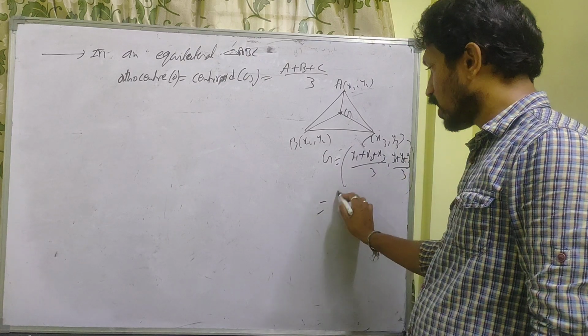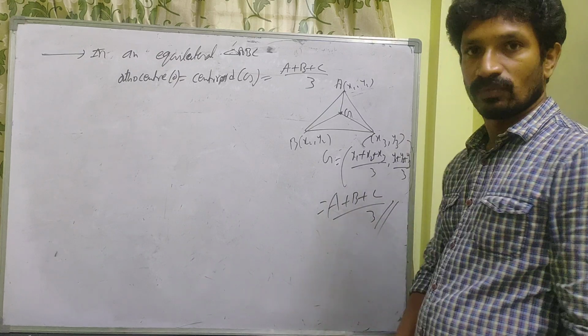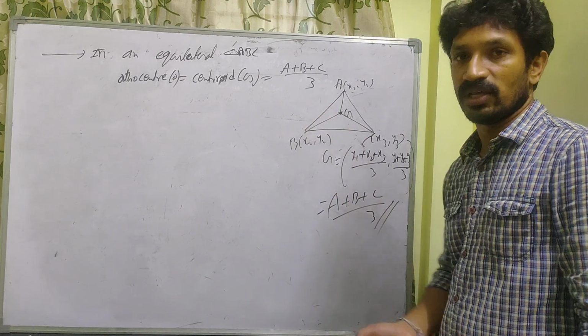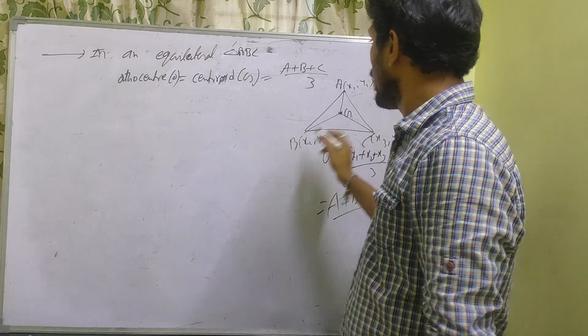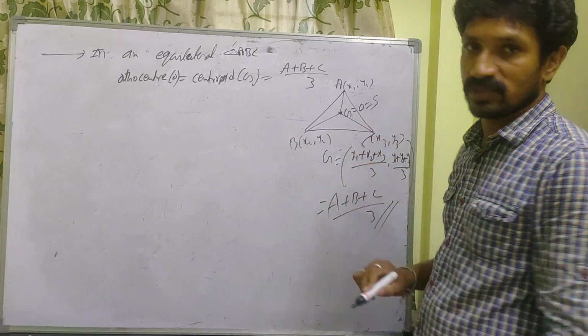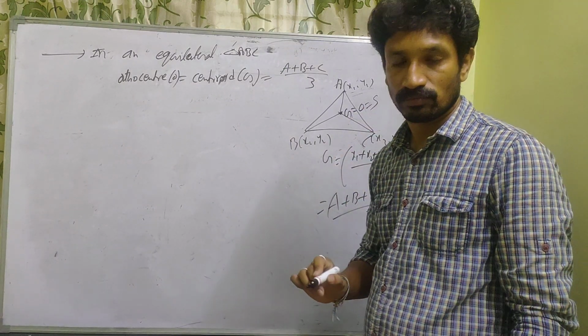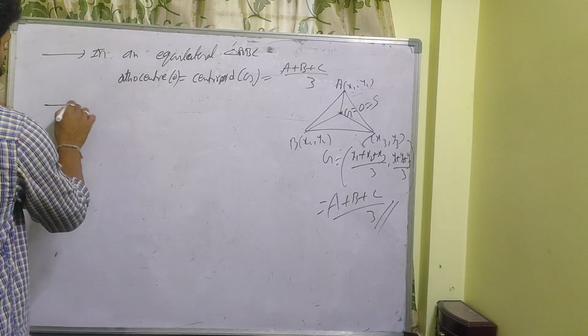In short form, you can write this as A plus B plus C by 3. Okay, you remember this formula, the centroid formula. So in an equilateral triangle, the centroid coincides with the orthocenter and the circumcenter. Circumcenter we will discuss later. Okay, so just remember.